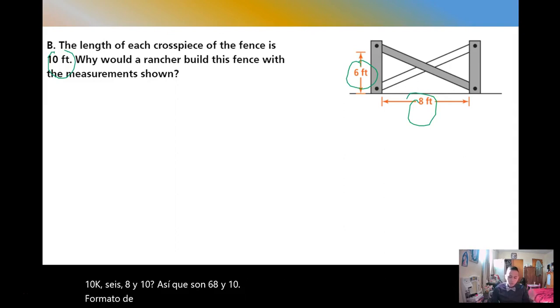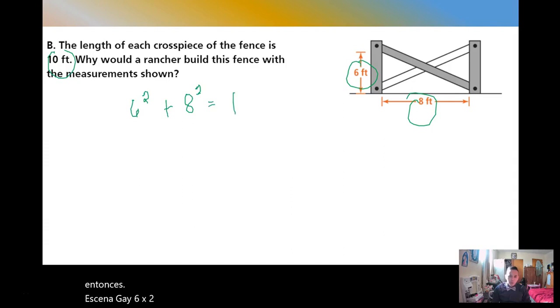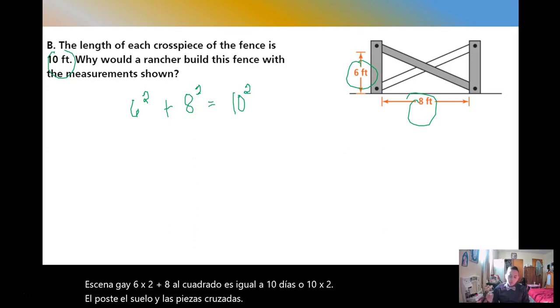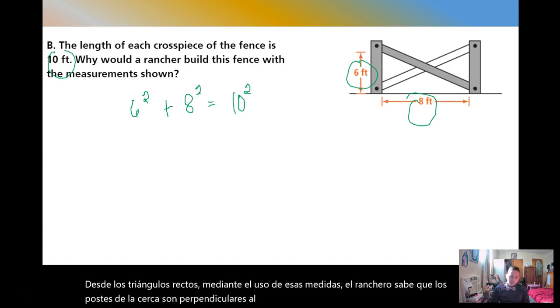A Pythagorean triple is a set of 3 non-zero whole numbers that satisfies the equation a squared plus b squared is equal to c squared. Since 6 squared plus 8 squared is equal to 10 squared, the post, the ground, and the cross pieces form right triangles. By using those measurements, the rancher knows that the fence posts are perpendicular to the ground, which stabilizes the fence.